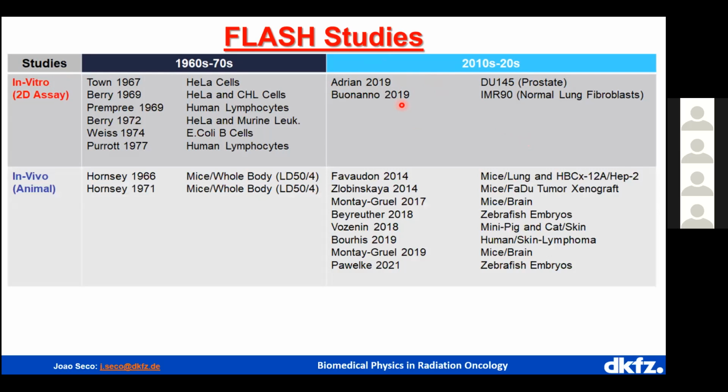But we also have a lot of flash studies in animals. There were not so many animal studies done in the 60s and 70s. There are two here, but there was a significant amount of animal studies done in the last 10 years. The most famous one that started everything is the Favaudon paper in 2014. They published the first paper that basically relaunched the whole field of flash.